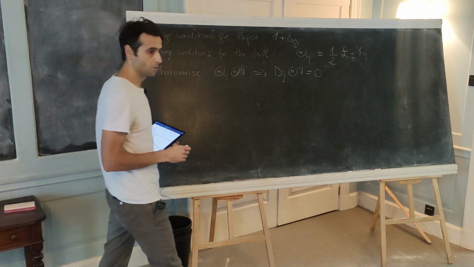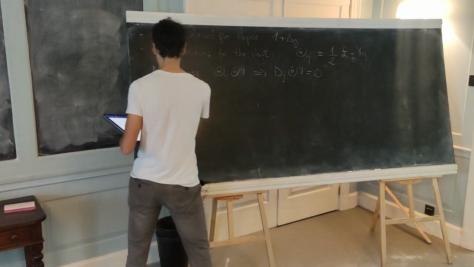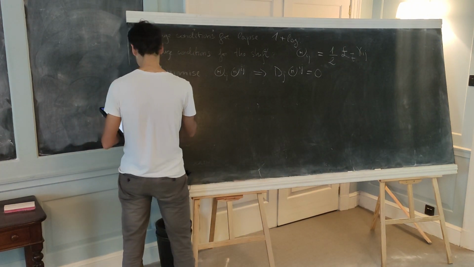And when you write this out, it gives an elliptic equation for the shift of this form.